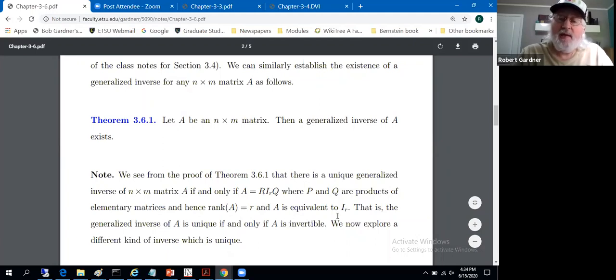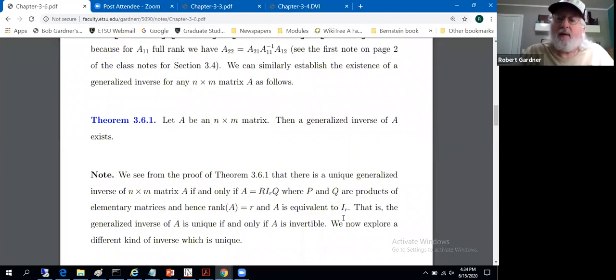In other words, A is row equivalent to an identity matrix. A is invertible, the full rank. So we've got a generalized inverse to be unique if and only if A is invertible. And that's effectively just that argument about having room to stick the U, V, and W matrices in there. So we know that generalized inverses are not unique.